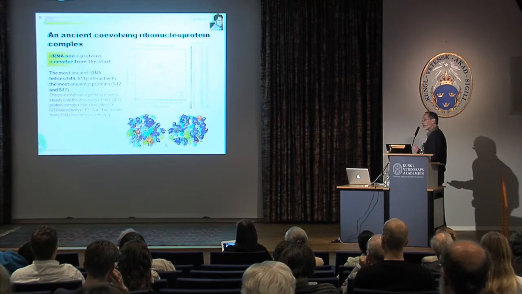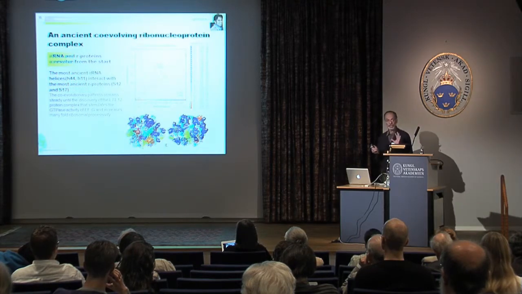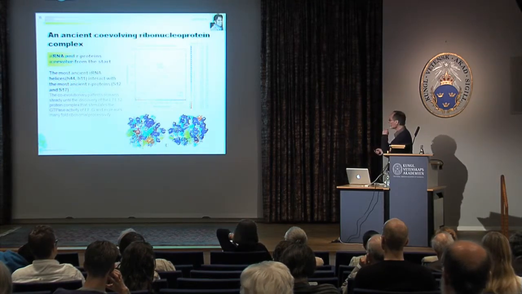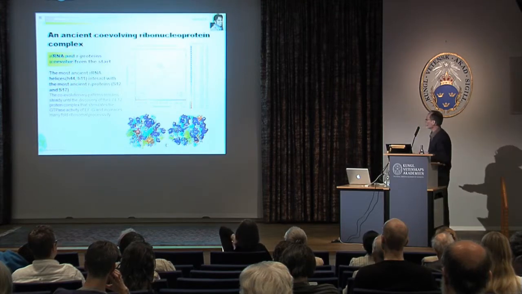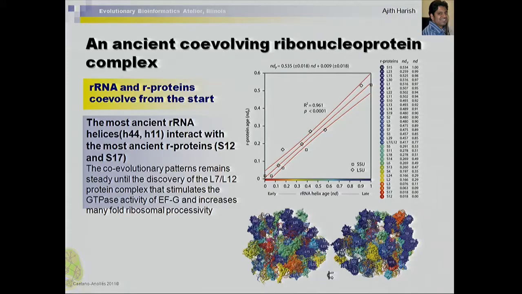But while this is very interesting, the most exciting finding is where we mapped the actual age of the ribosomal proteins onto the ribosomal ensemble. And we found that there was a very nice correlation between the age of the ribosomal RNA helices and the age of the ribosomal proteins.